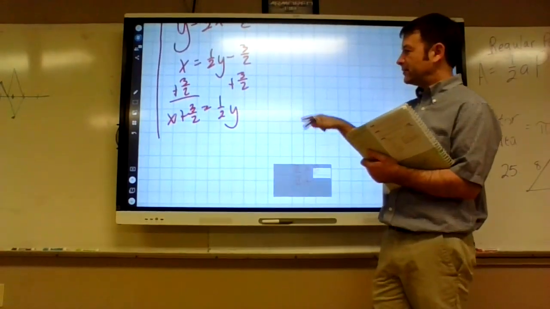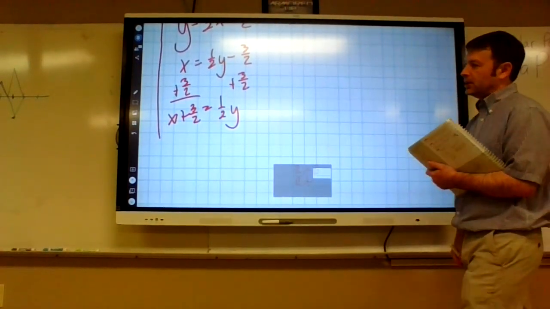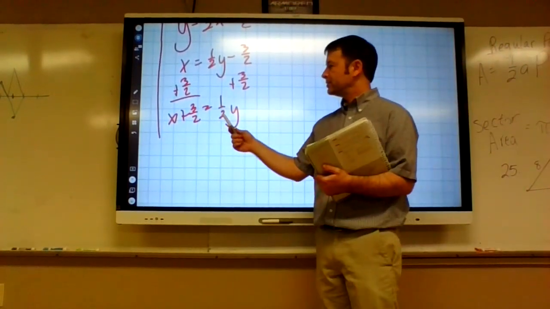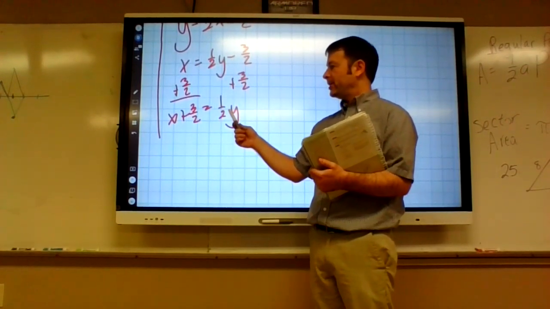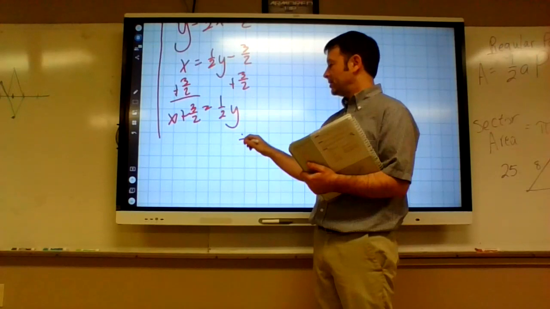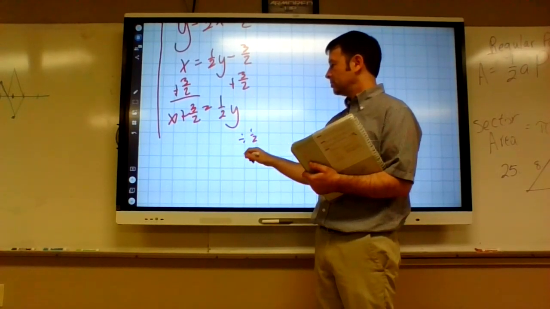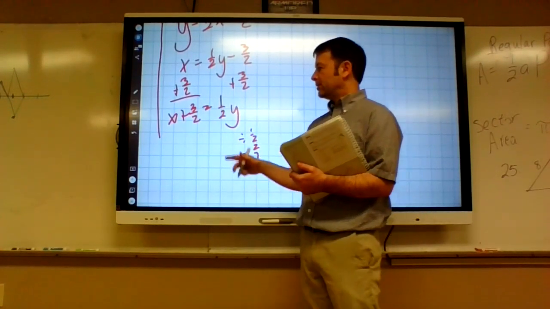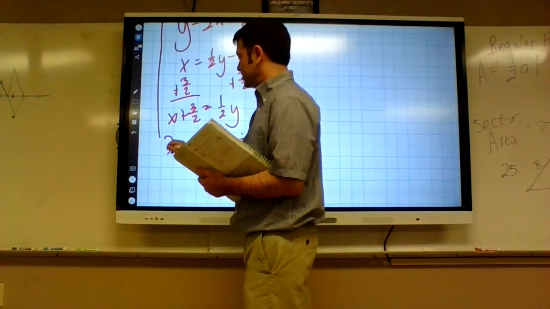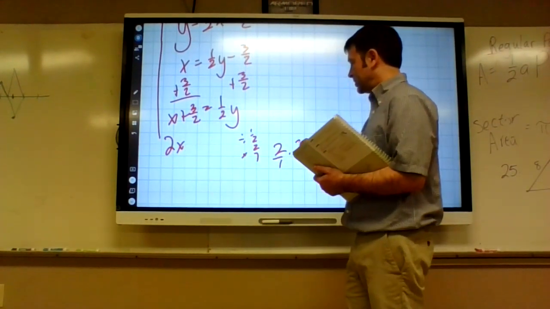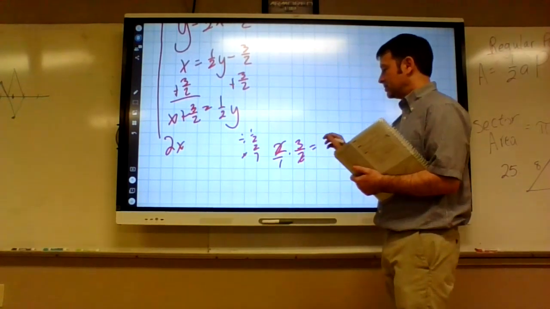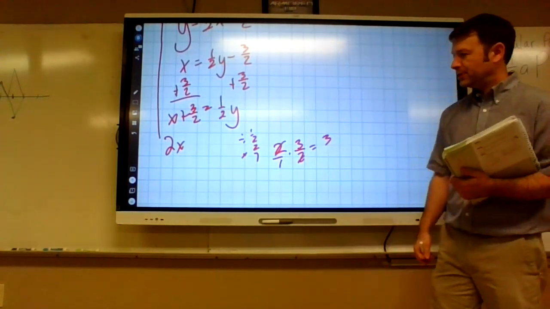Getting kind of fast and sloppy here. How do I get rid of the 1/2? Right, divide by half, but dividing by half is the same thing as multiplying by 2. So I'm multiplying by 2. 2 times x is 2x, 3/2 times 2 is 3.